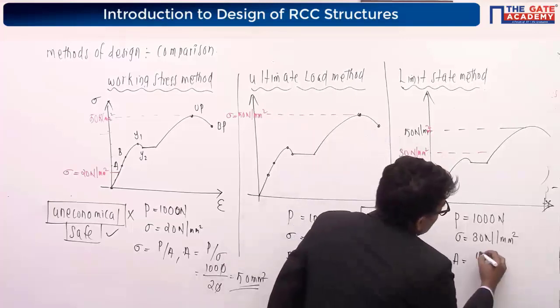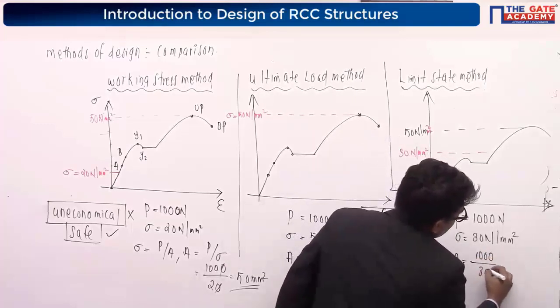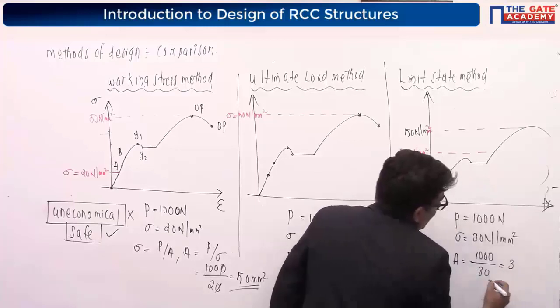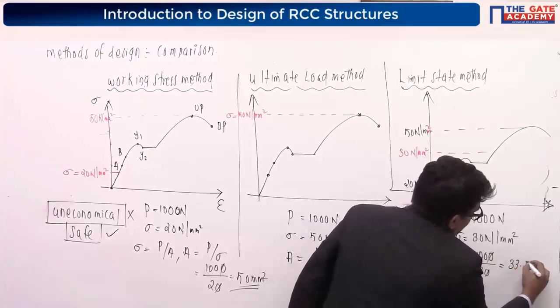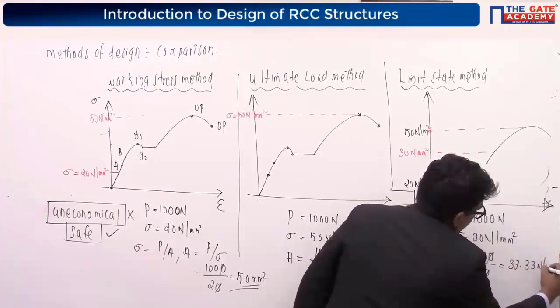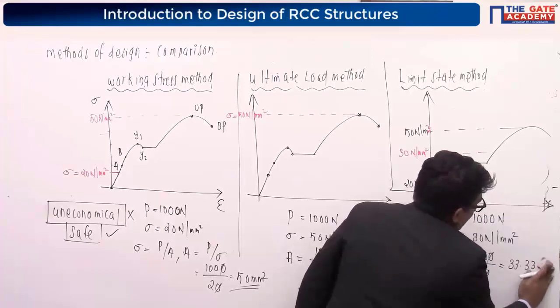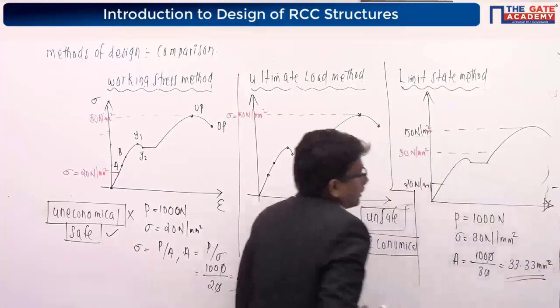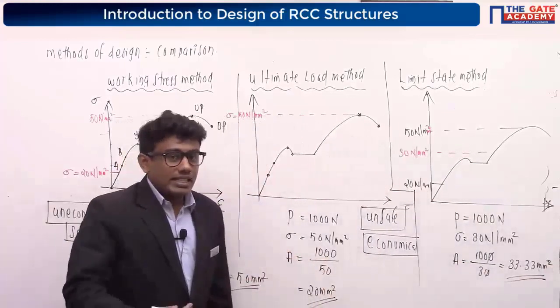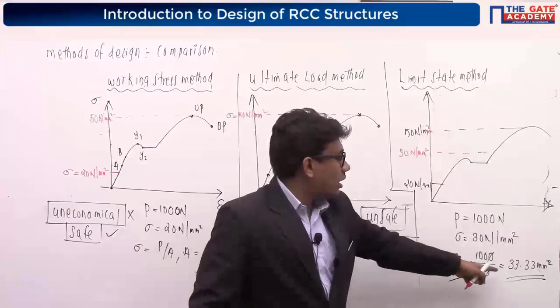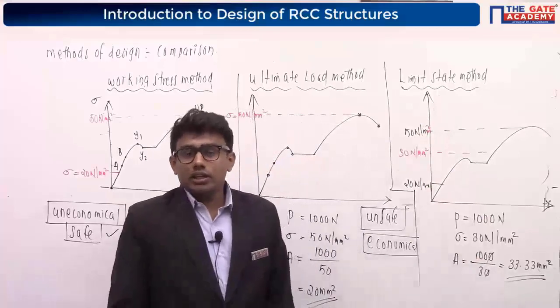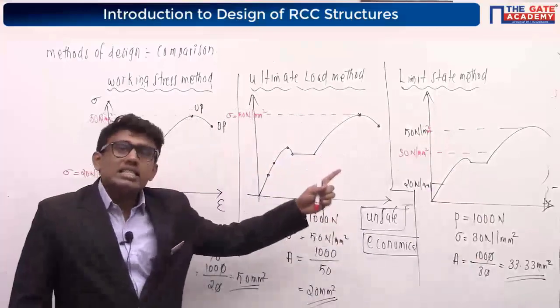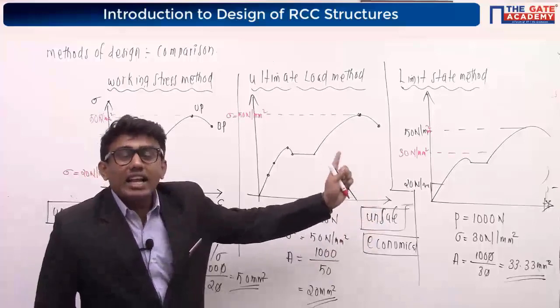Area required will be equal to 1000 divided by 30, which is 33.33 mm square. That is the area of cross section I will be getting by using our limit state method, which will be safe as well as economical.